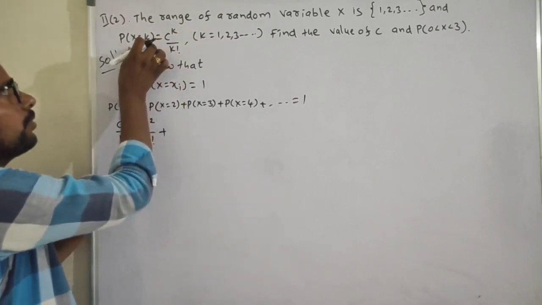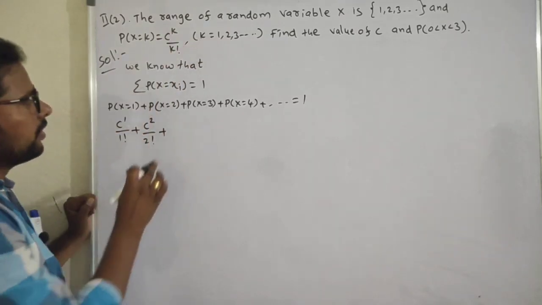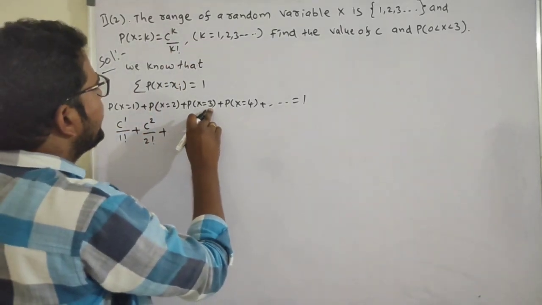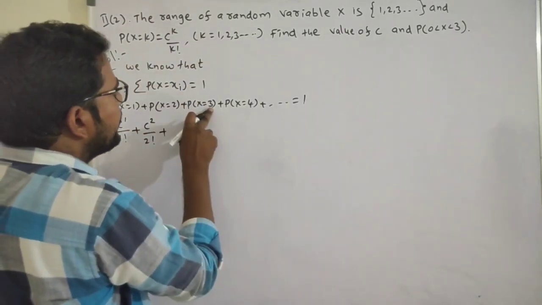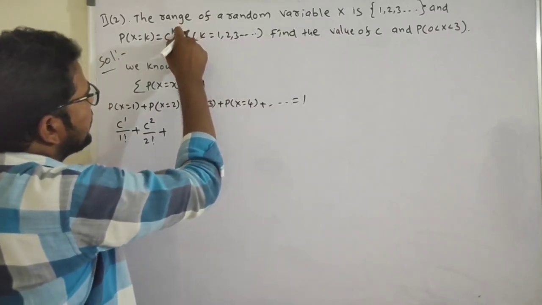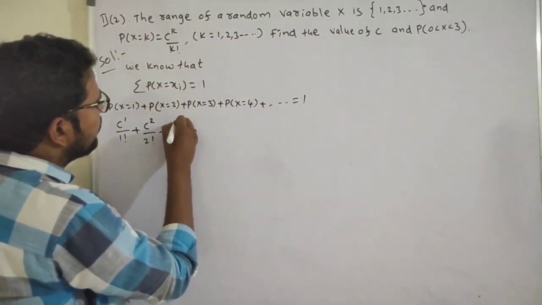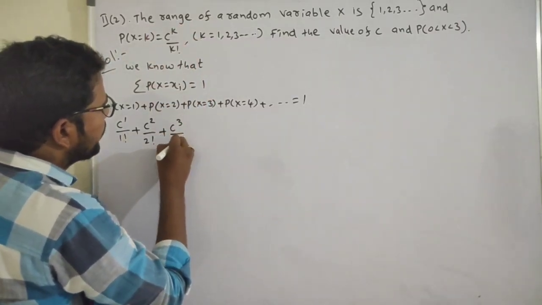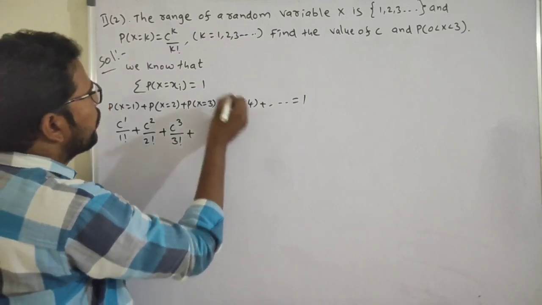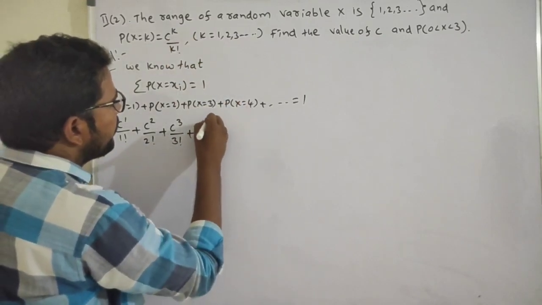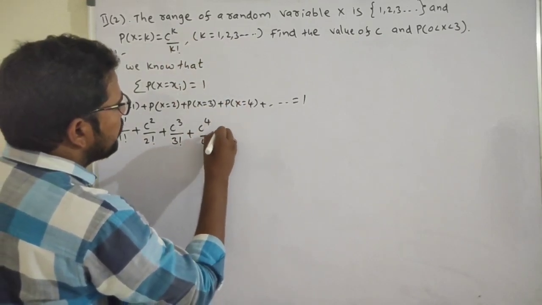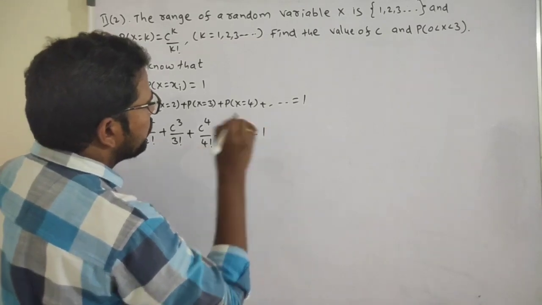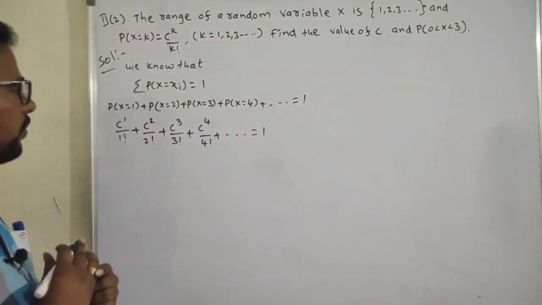The LHS is in this form; substitute the values in the RHS form. Take k is equal to 3 here, so it becomes c power 3 by 3 factorial, plus k is equal to 4, so c power 4 by 4 factorial, plus and so on is equal to 1.